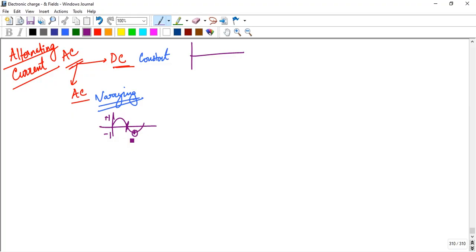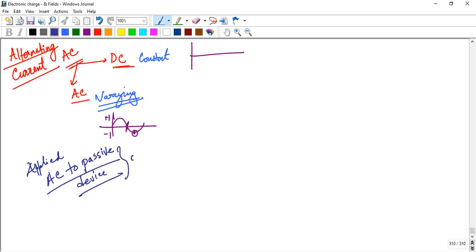Apply AC to a passive device. Passive devices are those devices that obey Ohm's law.